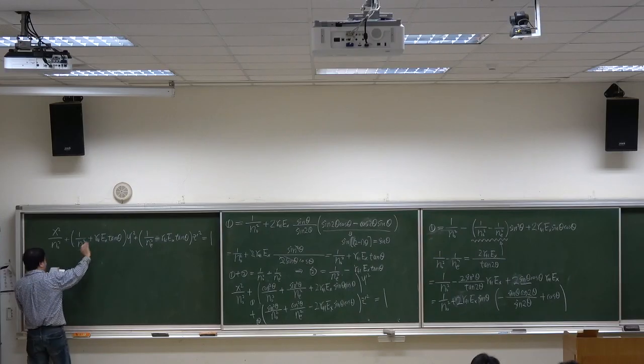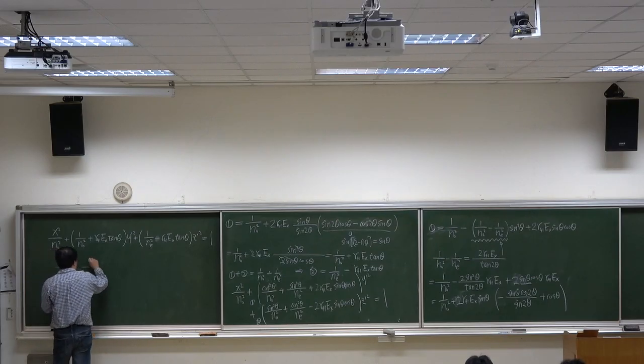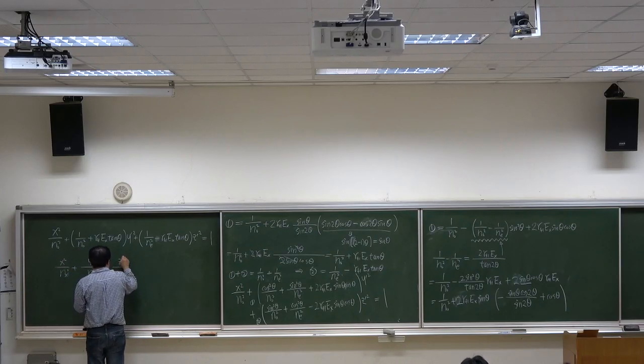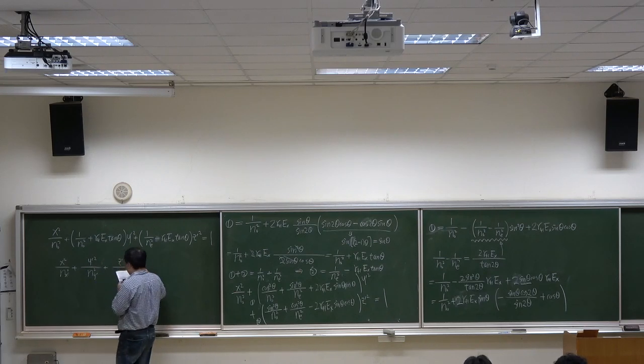So we can identify this as x squared over nx squared plus y prime squared over ny prime squared plus z prime squared over nz prime squared equal to 1.